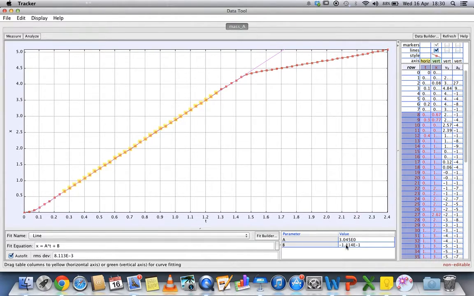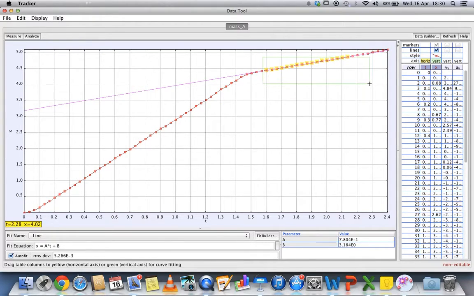So you see that it is 3.04, or 3.05. The second part is 7.8, but it's -1, so it's 0.78. So you see that using a displacement time graph, you can obtain the speed of the ball.